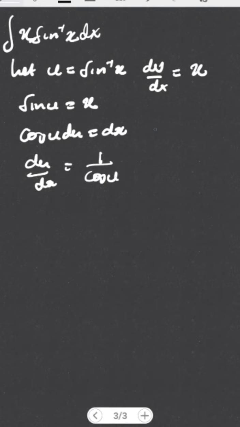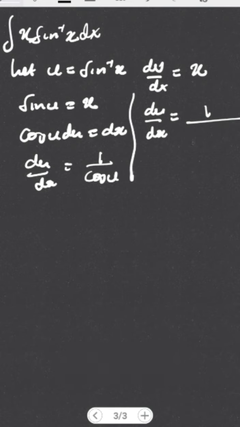But I know that cos of u, you find that du dx would be equal to 1 all over the root of 1 minus sine squared u.